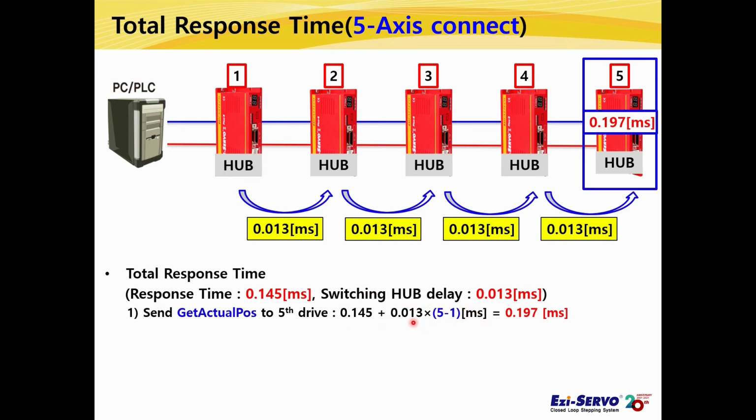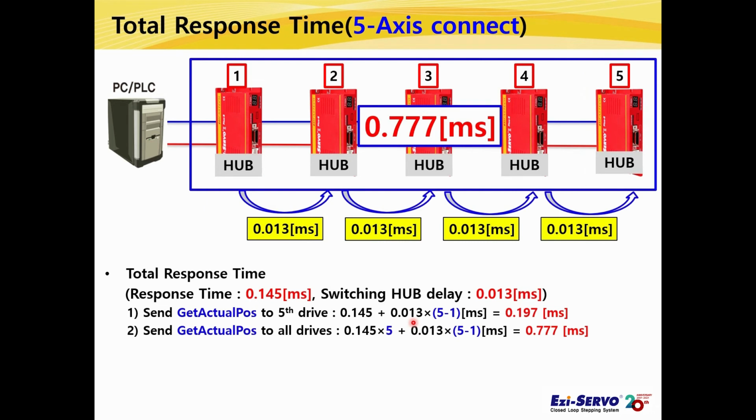And the total response time when the same command is sent to all 5 axes is calculated as 0.777 millisecond. In other words, even if a command is transmitted to all 5 axes, it is 0.777 millisecond, and it takes less than 1 millisecond.